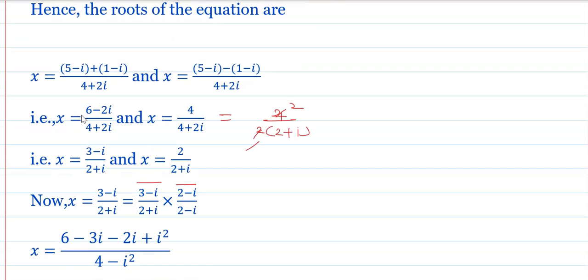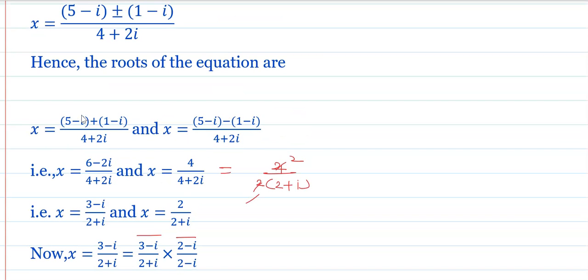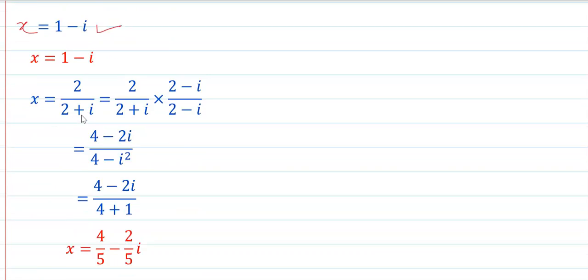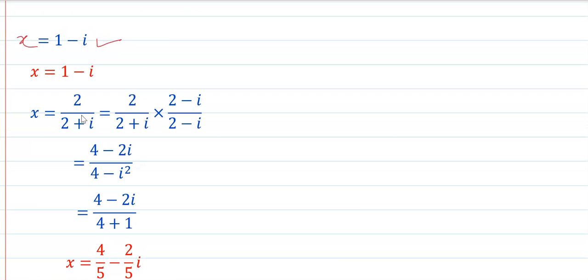What about the second? इथे देखील याला कॉन्जुगेटने मल्टिप्लाय करणार. x is equal to 2 upon 2 plus i. Okay. And this is the 2 upon 2 plus i, multiplied with its conjugate. Therefore, 2 minus i ने n and d ला मल्टिप्लाय करणार. 2 into 2, 4. 2 into minus i, minus 2i. 2 plus i, 2 minus i, 4, 2 square minus i square. i square is minus 1.